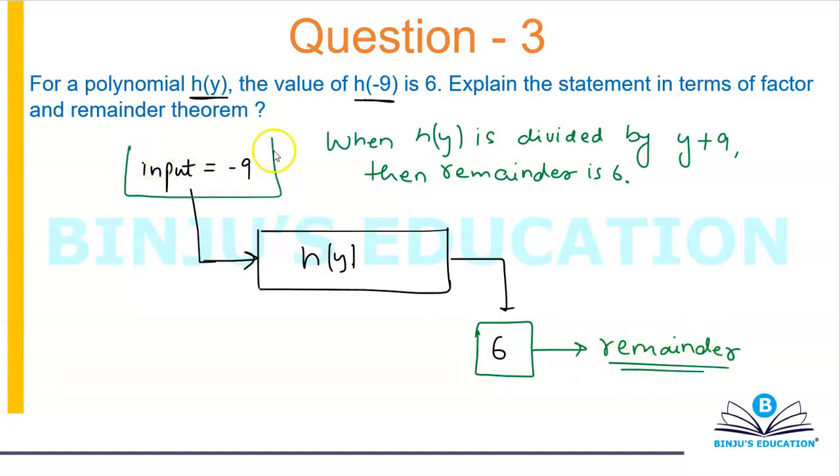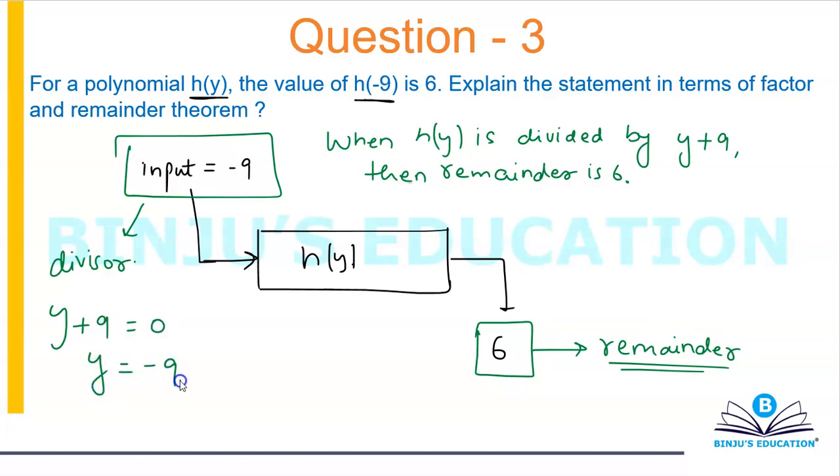And whatever is your input, that is basically your divisor. If you are getting input that is equal to -9, how would you get -9? You need to have y plus 9, because only when you put y plus 9 equal to 0, from there you get y is equal to -9. So when your input is -9, your output is 6, or when h of y is divided by y plus 9, the remainder is 6. This is basically what it means.